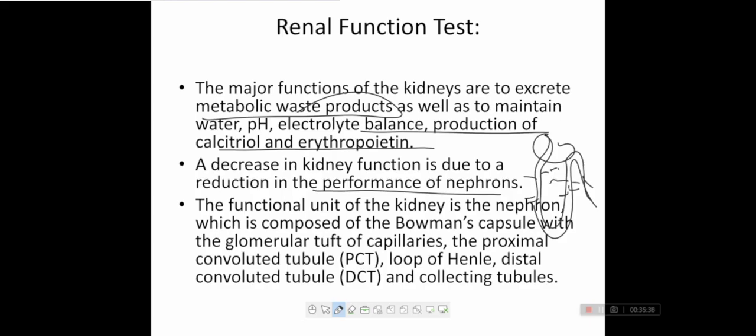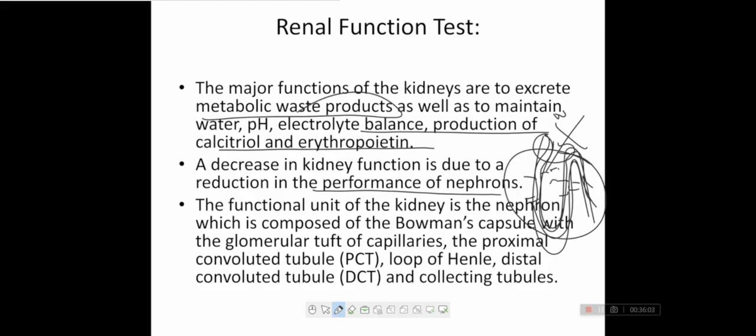So these are the nephrons. They maintain the proper balancing function of the kidney. So if these nephrons are not working properly, it means something went wrong with the kidney.